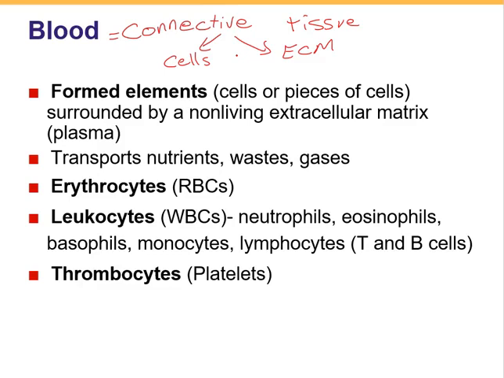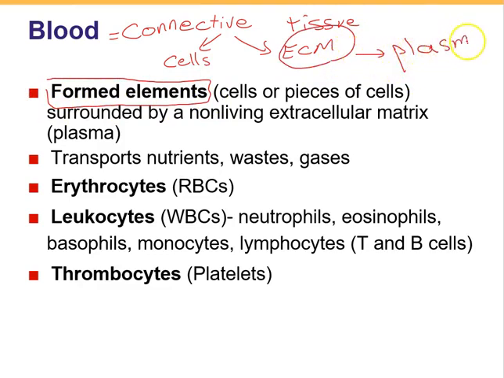Can we still define cells and extracellular matrix for the blood as a connective tissue? The answer is yes. We call the cells formed elements because not all of them are real cells, and we call the extracellular matrix of the blood plasma. So the liquid part of the blood, which is found around the cells, is plasma, and the cells are called formed elements.